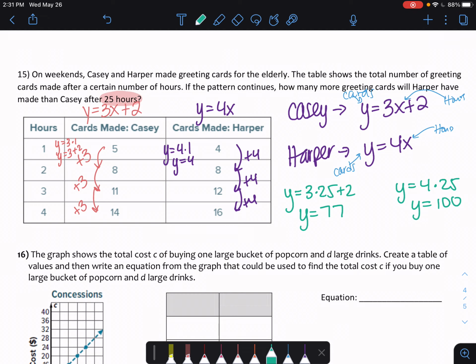And then 100 minus 77 is 23 more cards. Okay, so in this one we're combining a couple of ideas together, so writing equations and then being able to identify the variables and use both equations, not just one.